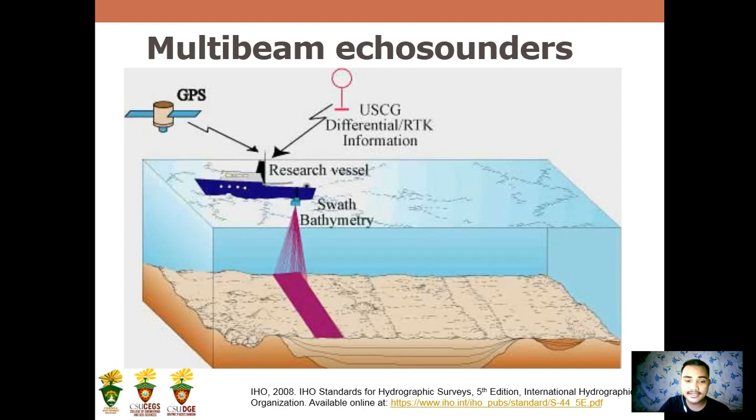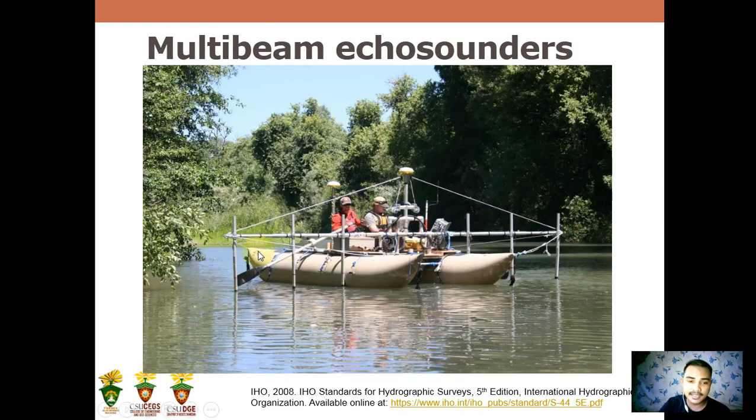So in the swath system, as in class, there is one transducer, then multiple single beams. That's for swath systems. And here is the sweep system. From the boat, perpendicular, there are single beams here too.